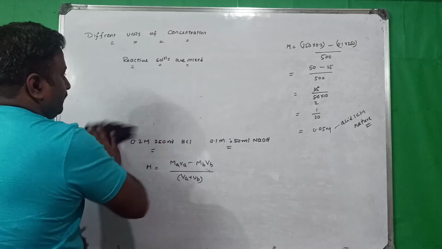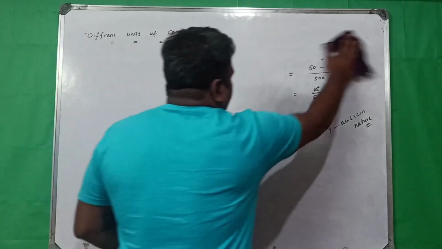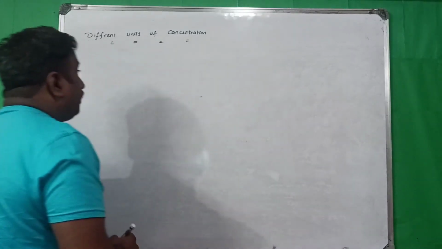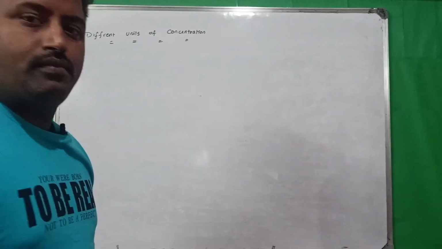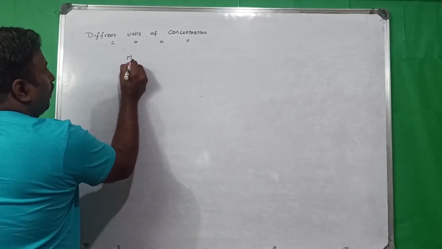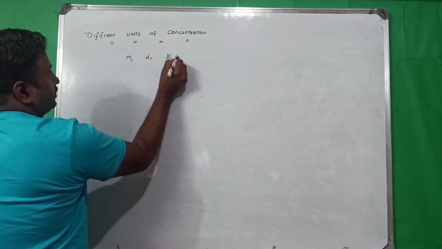Density and molarity and percentage of purity. So, the relation between molarity, density, and weight by weight percentage.